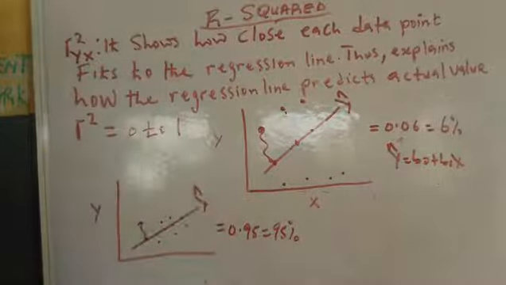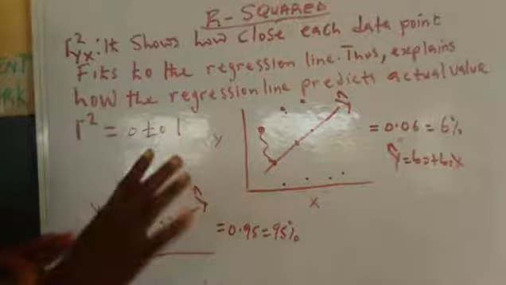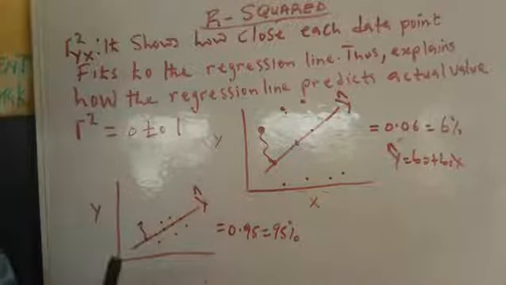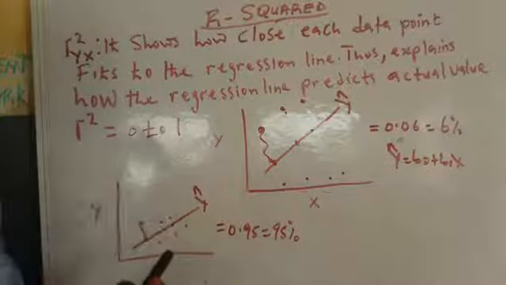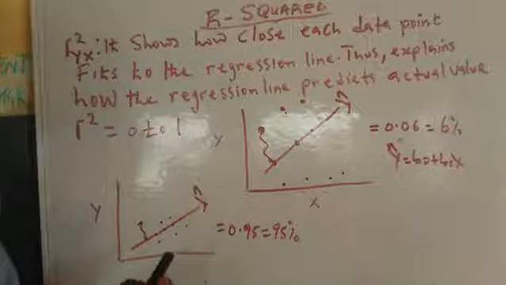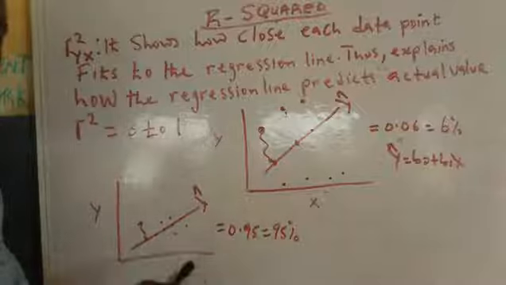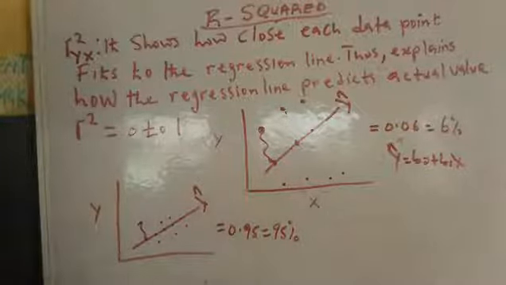But let me quickly tell you this. When you talk about R squared, it has to do with the R correlation, that is the coefficient of correlation. In the previous videos, I think like 2 or 4 videos before this one, we treated correlation and we used R, the coefficient of correlation.